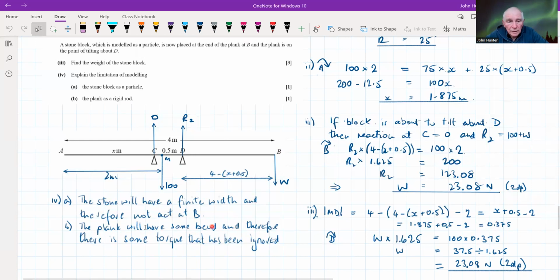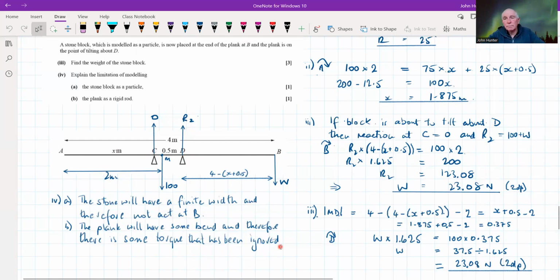So we're ignoring that. And of course, if it does bend, then the distances from any fulcrum, any pivot about which we take moments, is not going to be quite the length of the bar of the plank. So yeah, that's a simplifying assumption.